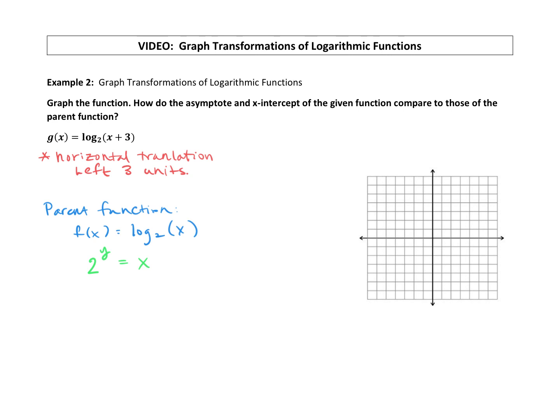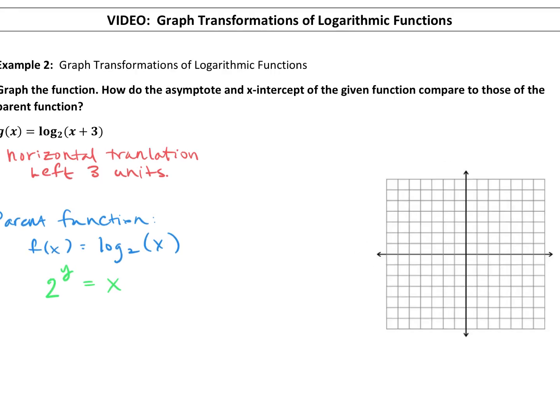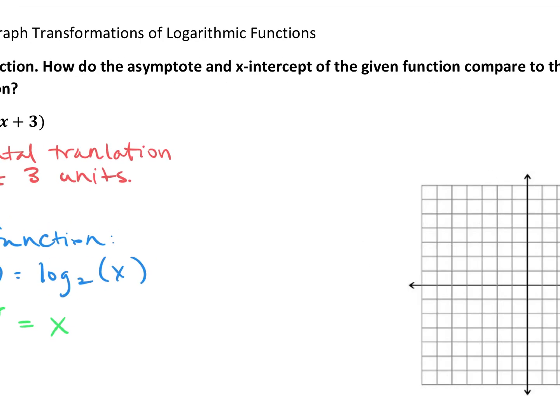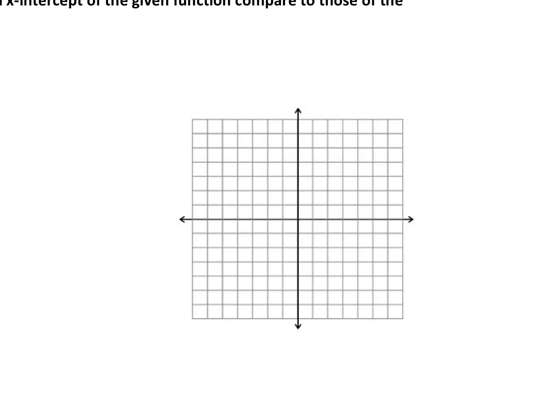But again, you could quickly come up with some points. It's easier to pick y values, 2 raised to some values, get back your x, and then pair that together as ordered pairs. But if we just plot the points we had on our last graph, let me move this over. There we go.